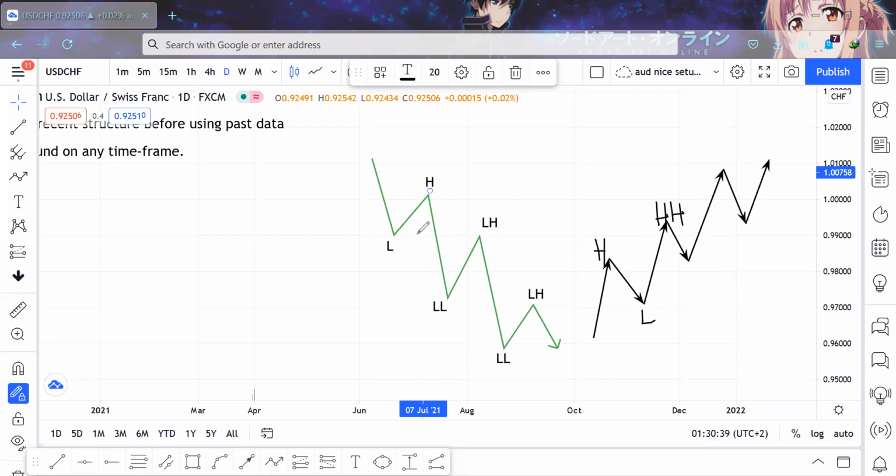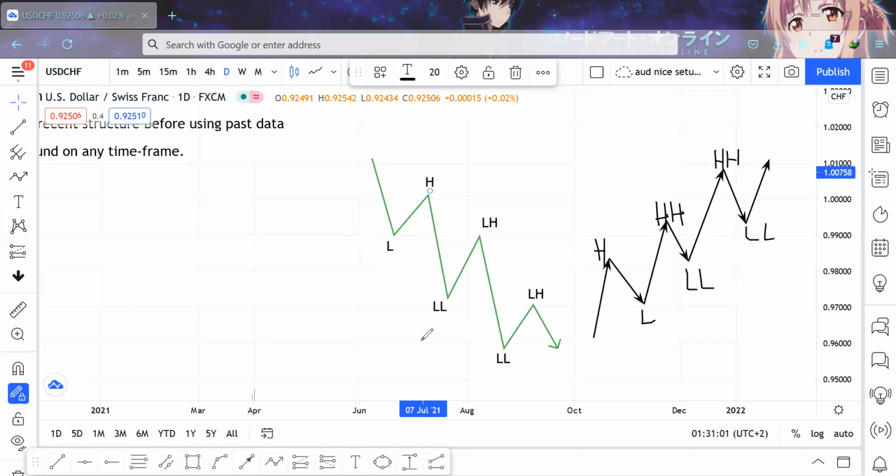Now, after that, you need to be able to identify a level in the market which the market might be currently testing, or if the market breaks that level, then the market will be pushing in this direction or not, right?